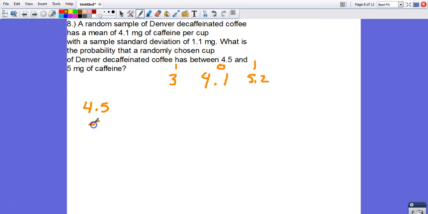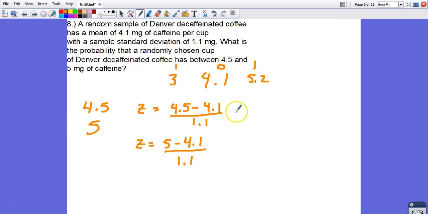So we have to put it into our z-score. So z equals 4.5 minus 4.1 divided by 1.1. And this one is z equals 5 minus 4.1 divided by 1.1.